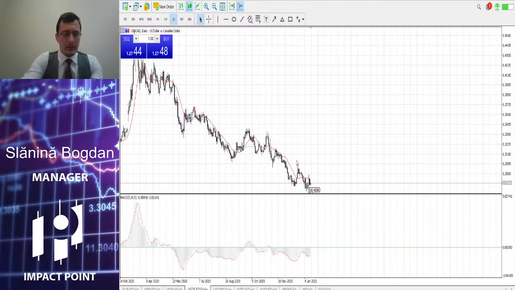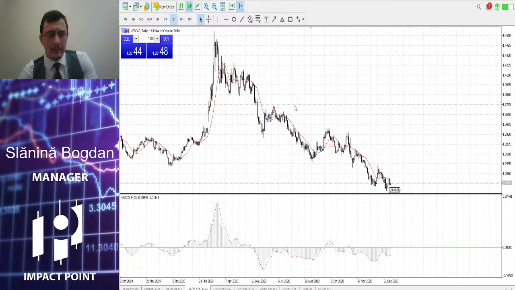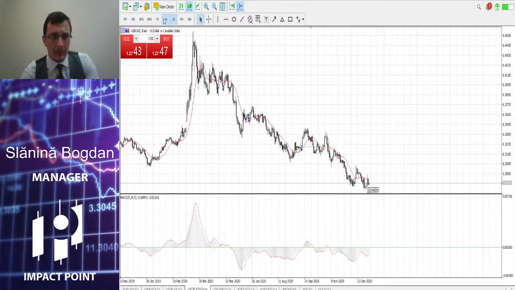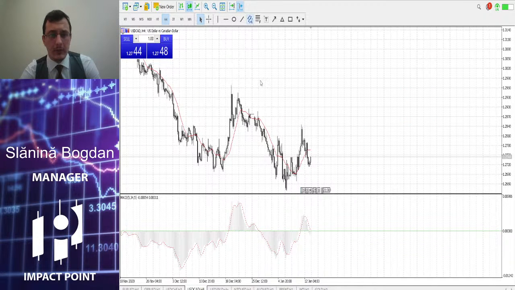Moving forward to USD/CAD, here we have another situation, which is again based on US dollar strengthening, because after such a big fall of the US dollar, we really expect a rise for the US dollar.